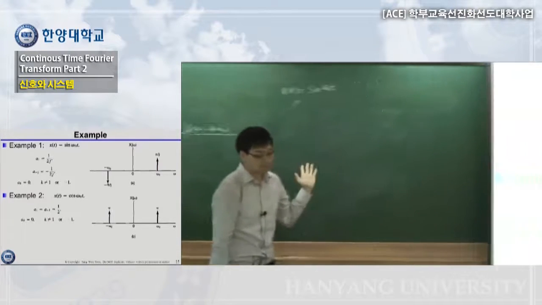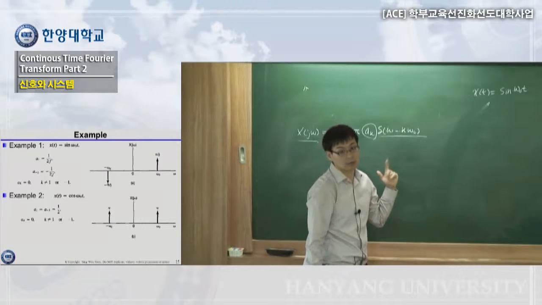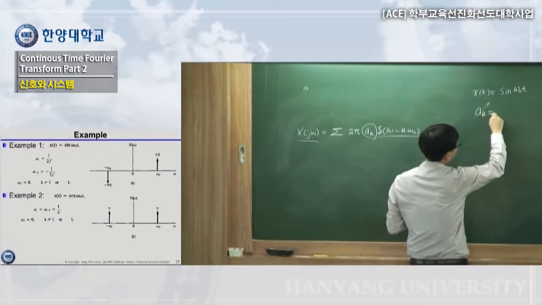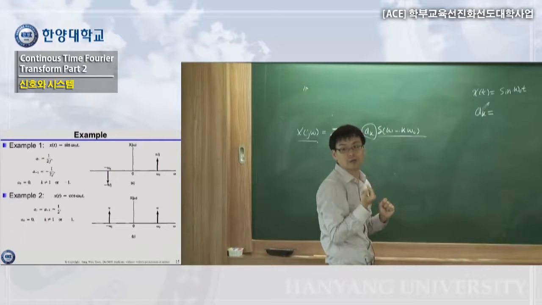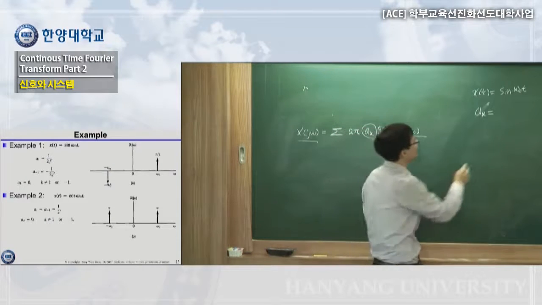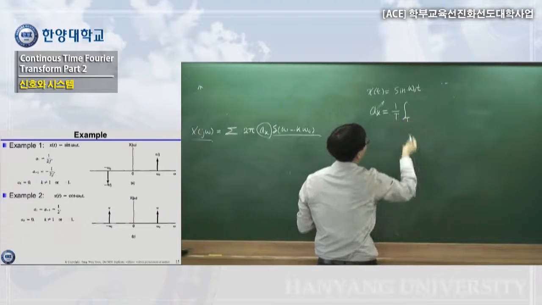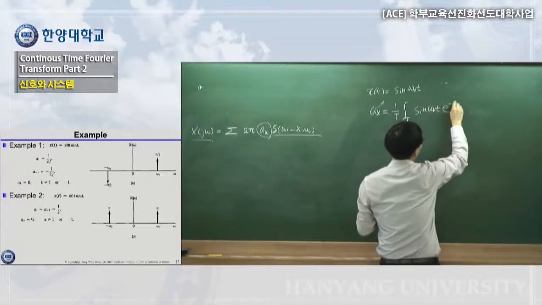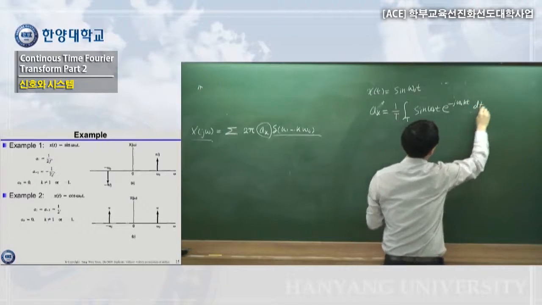What is the Fourier series coefficient of this one? What is AK? Already forgot? Over a period, sine omega 0 t times e to the minus j omega 0 k t dt. This is how we calculate it.